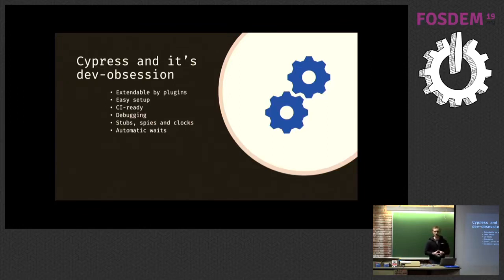It's CI ready, by which I mean that we have around 20 plus examples for almost all of the CI tools to integrate Cypress with, like GitLab, Drone, Cloud CI, or CircleCI, or Travis. It has extended debugging capabilities. You can inspect your test really well because your test is basically running inside of your browser. So you have access to everything inside of the DOM, inside of the browser.